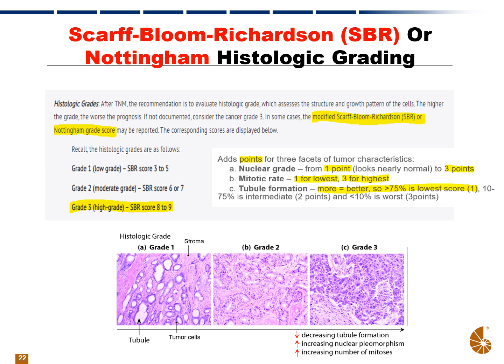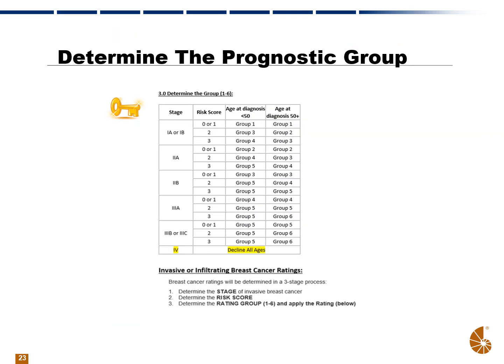The things that are abnormal are the nuclear grade, how fast the mitotic rate is, and whether there's tubule formation. The more tubules, like on the far left in the lower grade, the better. The smaller the number of tubules, the worse the prognosis, which is in the picture to the far right.